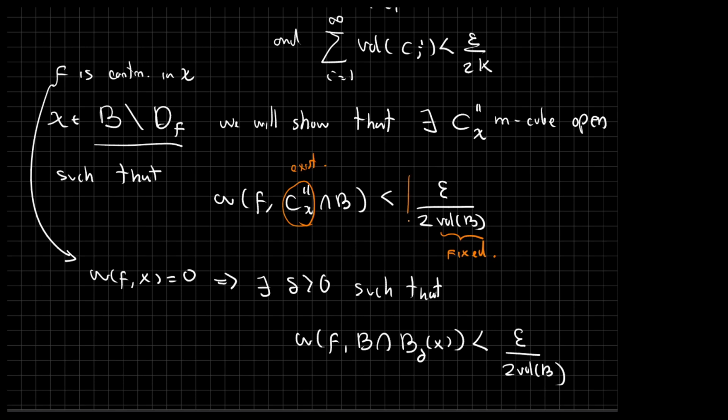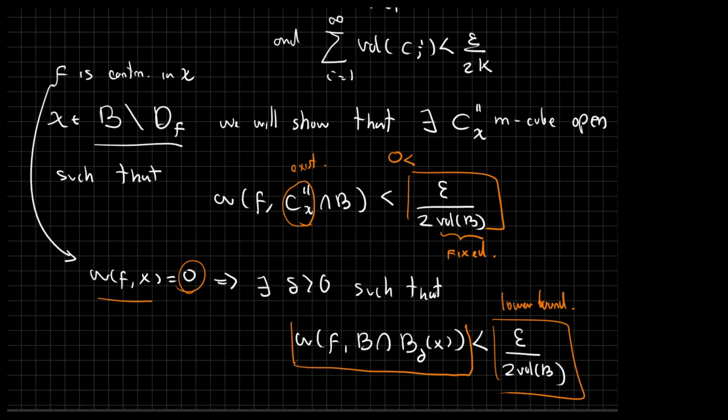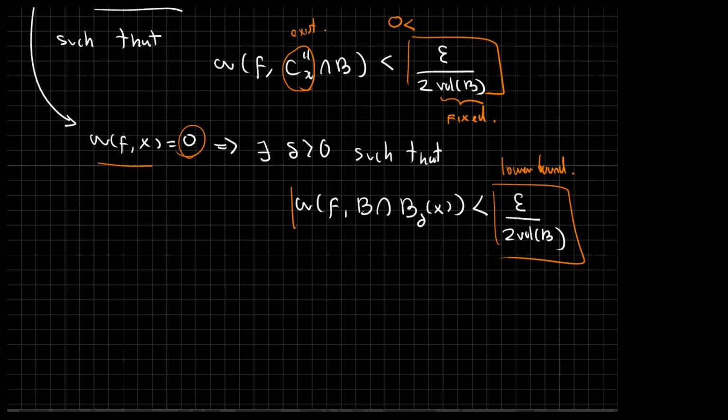Because this is a number that is greater than 0. So since 0 is the infimum of the set of these oscillations, then this cannot be a lower bound of the set, because the infimum is already 0. So this implies that there will exist an oscillation that is less than this value here. This by definition of infimum.